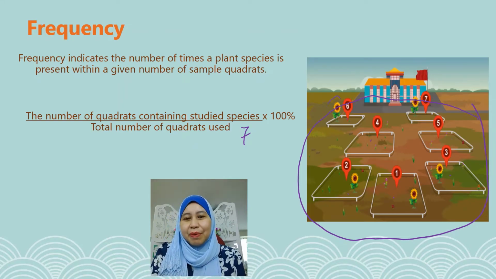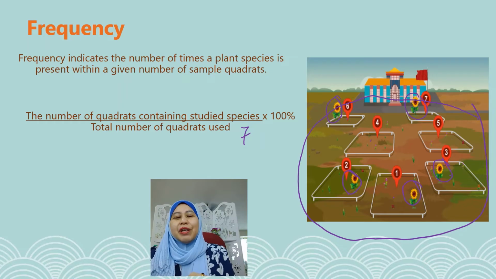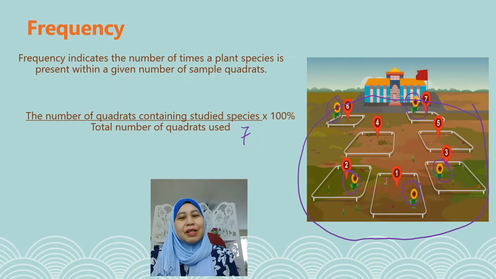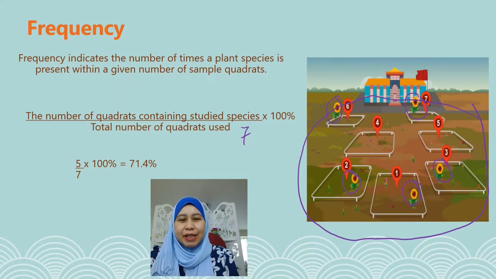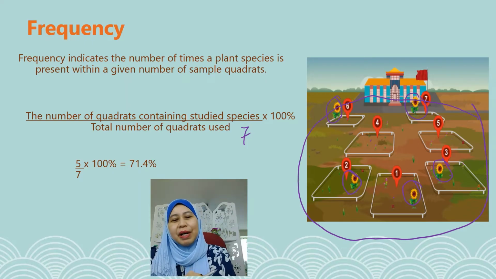I have 1, 2, 3, 4, and 5 quadrats containing sunflower. So put inside the formula. I have 5 divided by 7 times 100. So if we count, the frequency is 71.4%.